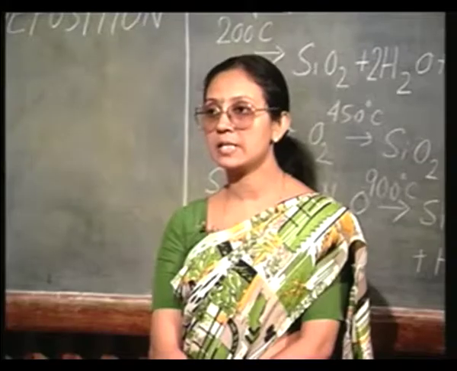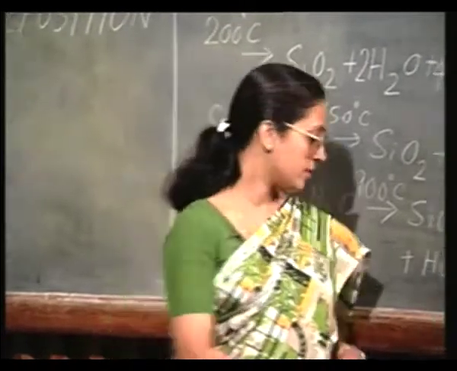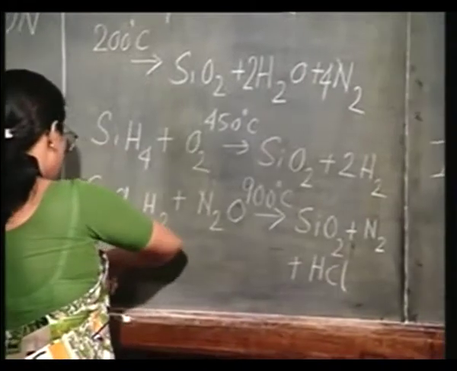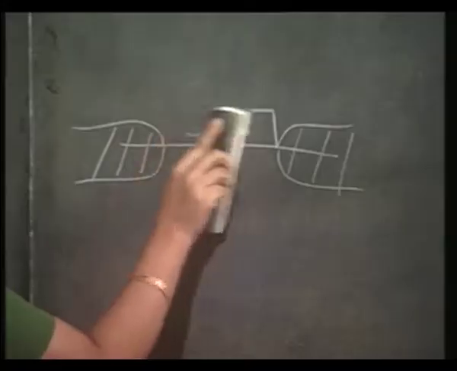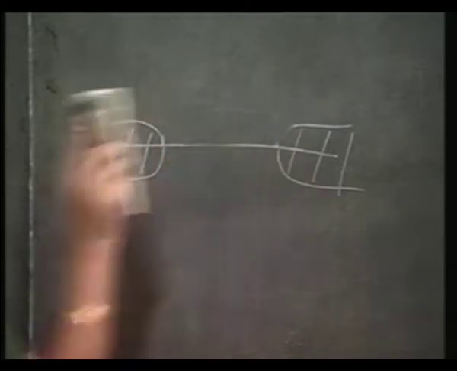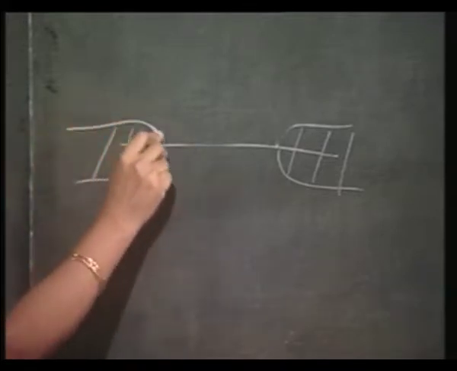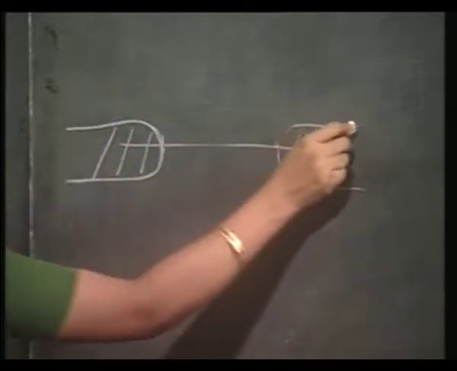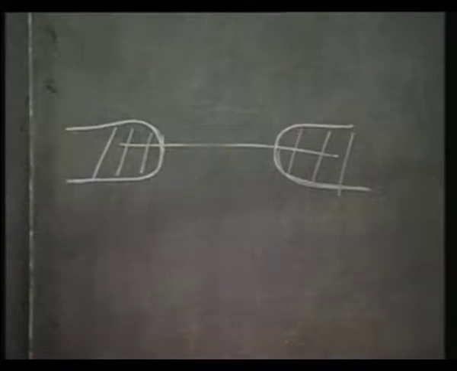Silicon nitride is a very good oxidation mask. So, what happens if afterwards I simply remove this silicon nitride? I can have isolation by oxidation.